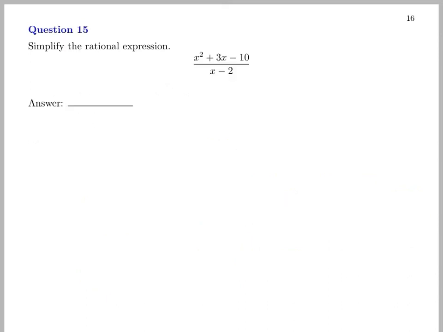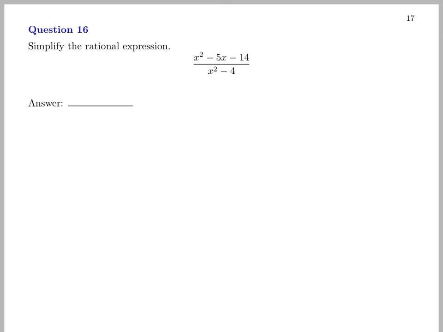All right, in this one we have to factor in order to simplify, so the numerator factors into, let's see, x plus 5 times x minus 2. And we have an x minus 2 in the denominator, so we can cancel. And so this just simplifies to x plus 5. More factoring.